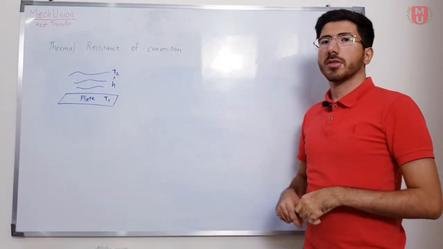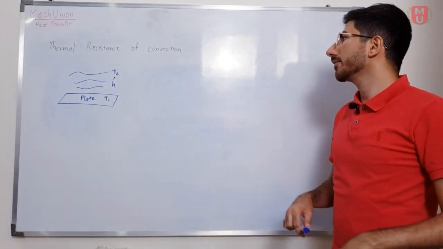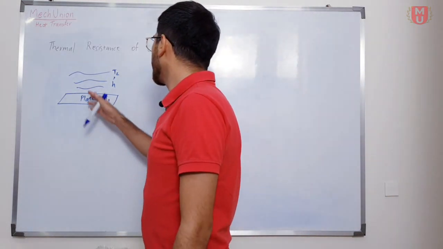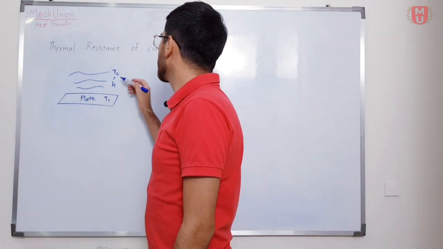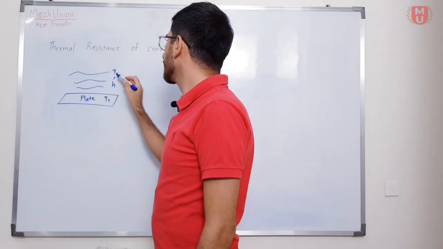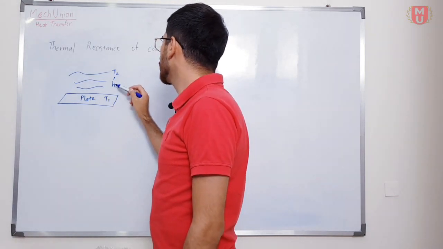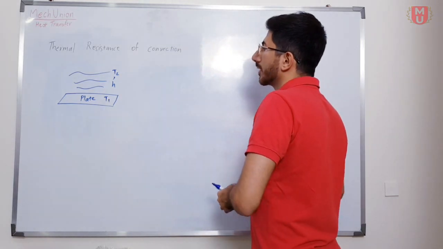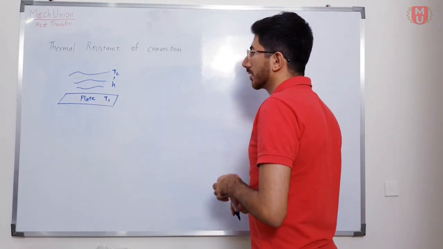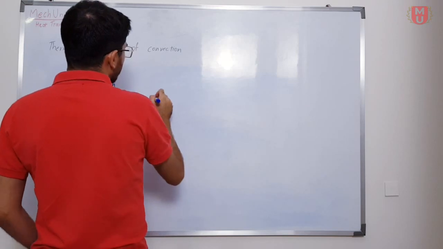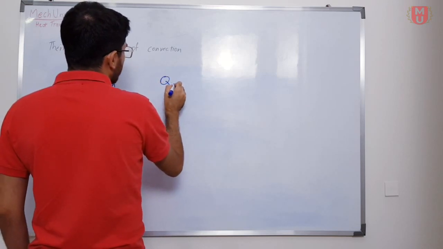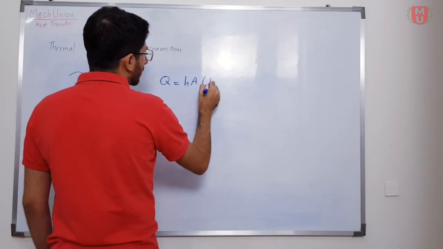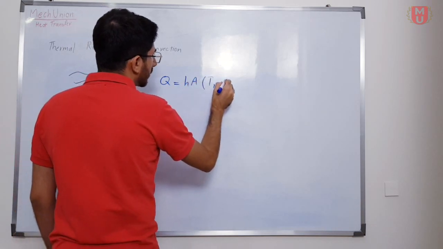Okay, for thermal resistance of convection, consider a solid plate and an environment which has temperature of T2 and heat transfer coefficient of convection of h. By using Newton's law of cooling, we have Q equals h times A times T1 minus T2.